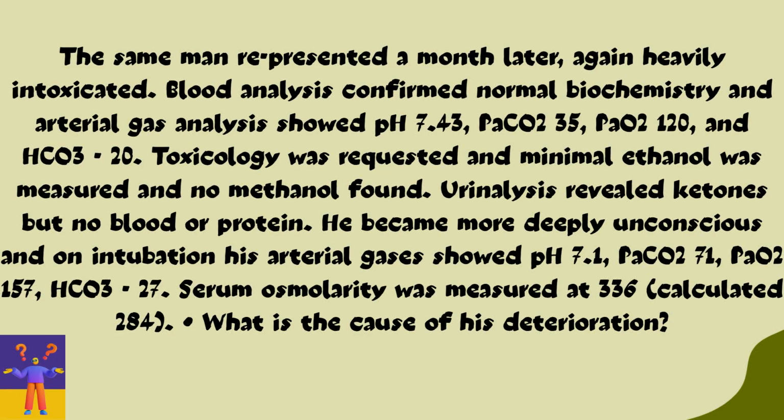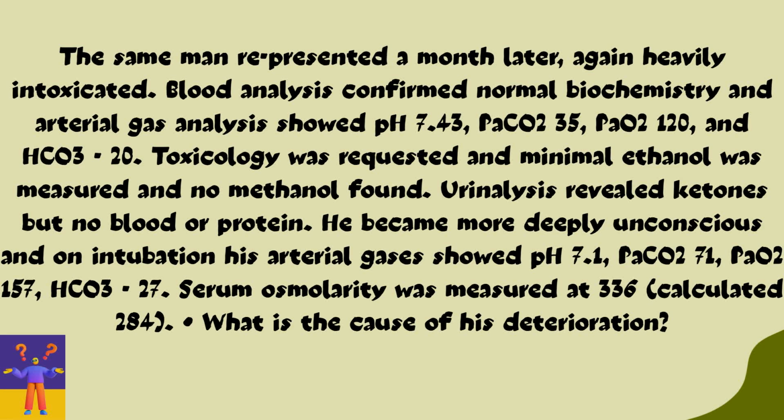The ABG though this time showed a significant acidosis, but the difference was this was a severe respiratory acidosis. His bicarbonate was actually on the higher side, showing that compensation was taking place. Osmolarity was done and he did have a significant osmolar gap.